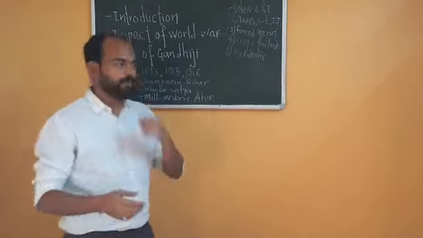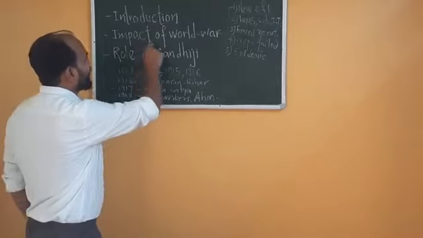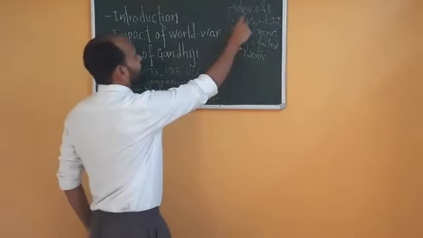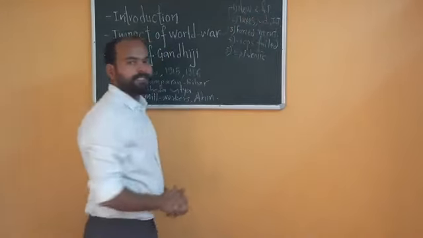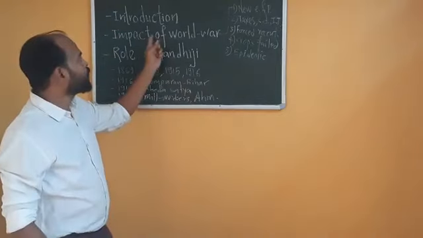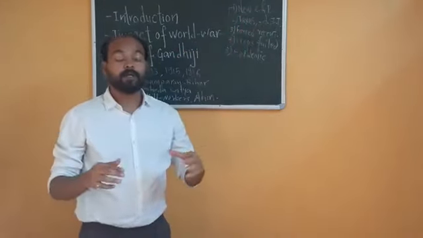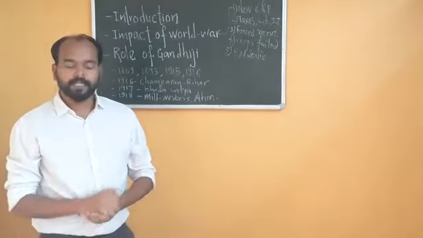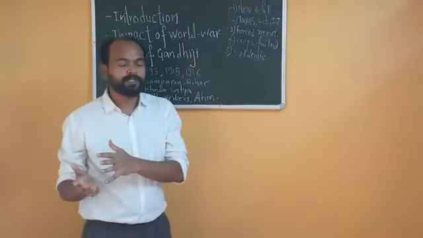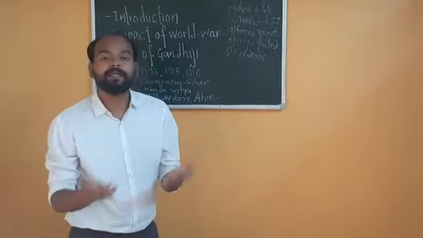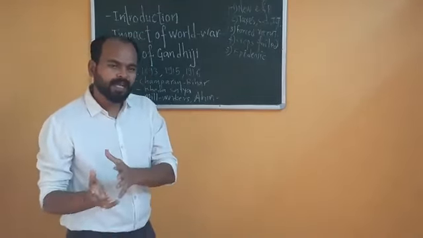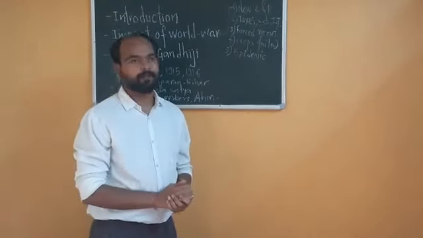What had actually happened? See, for example, the impact of World War I: a new economic and political situation. Due to World War I, a new economic and political situation took place in India. This brought instability in the country, which brought an unstable government.